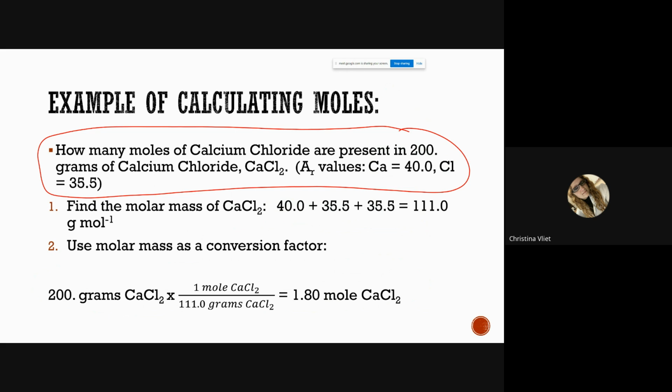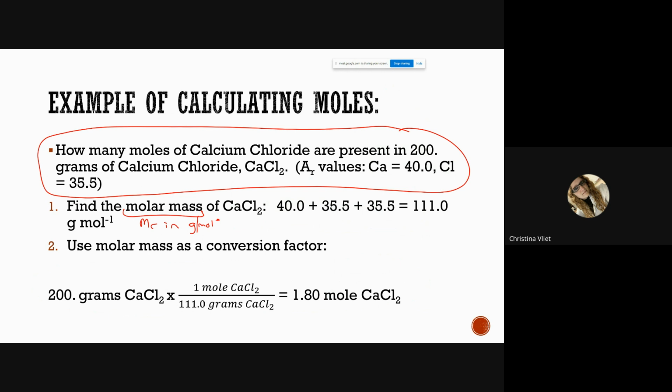The molar mass is the MR in grams per mole. So the MR, which is the relative molecular mass, if I am doing this for a mole, it is called the molar mass. This literally means add up all the numbers from the periodic table. That's what the molar mass is.